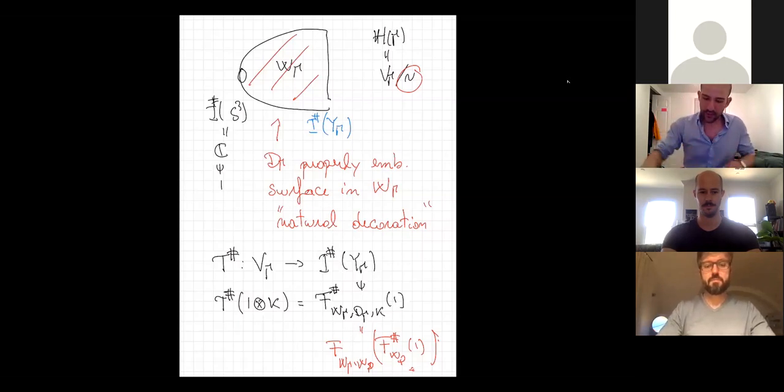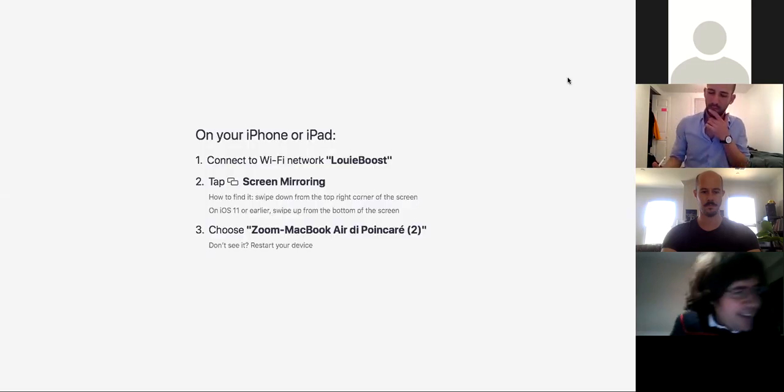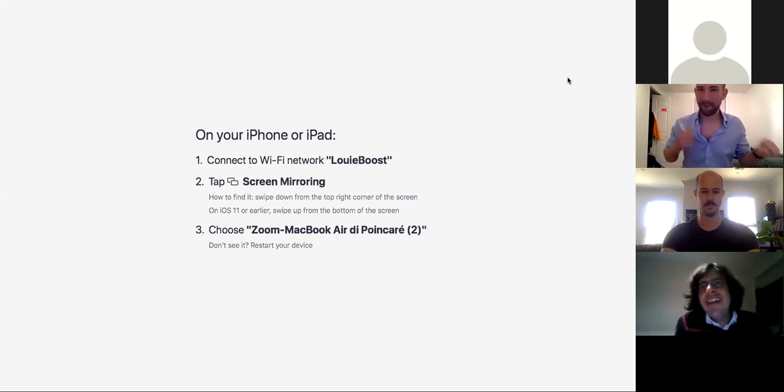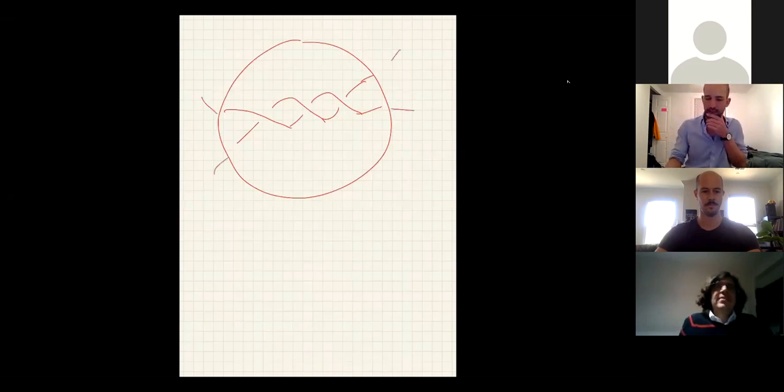Well, it means that you have a diagram of the knot in which there is a ball, and inside it you can see a braid, such that if you swap all these crossings, you get an alternating diagram.